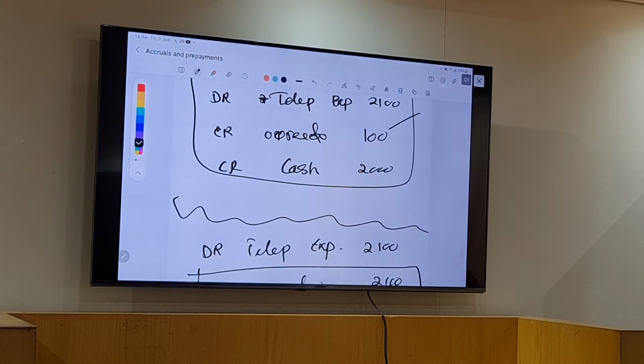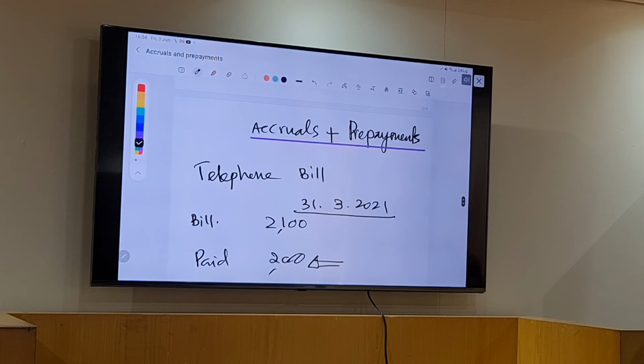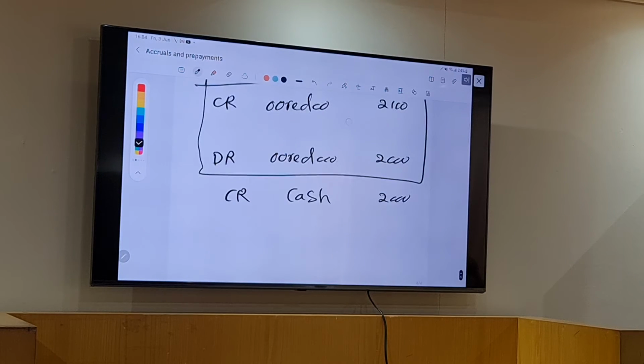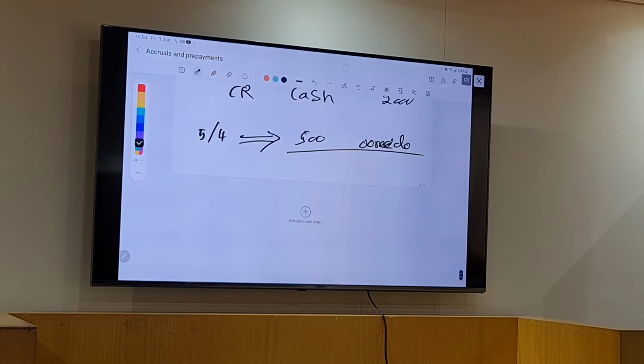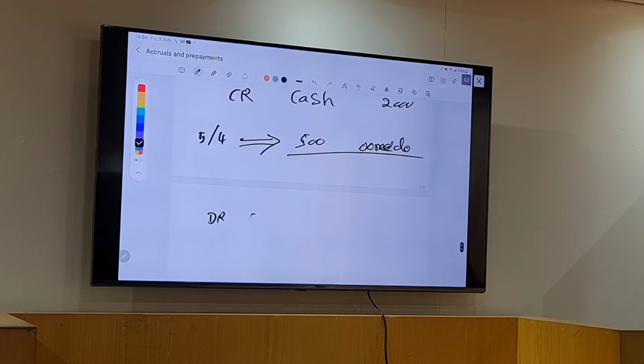Here again, the same scenario will continue. Now I need to pay only how much? 100. This is which date? 31st March. Let's say on the 5th of April, I have made a payment of 500 to Ooredoo. Now what will happen? I will debit Ooredoo 500 and credit cash 500.